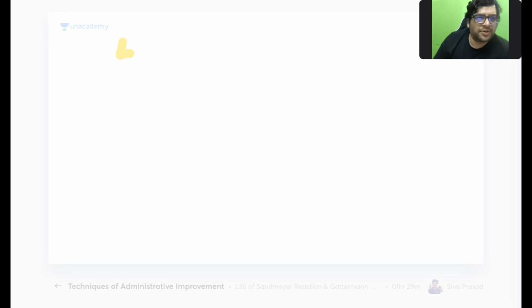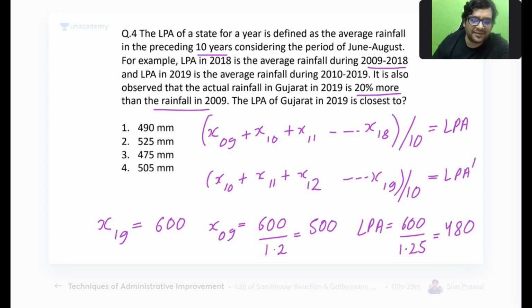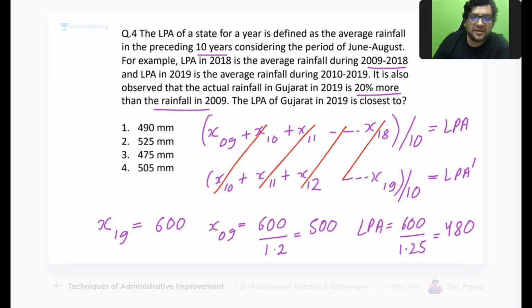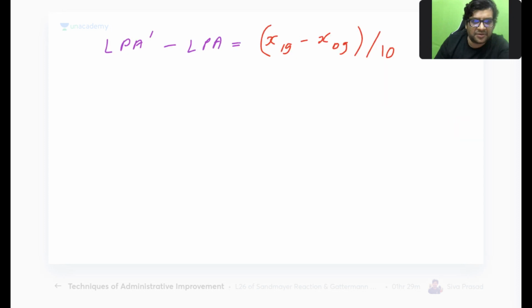Okay. See, what you are going to do is LPA dash minus LPA. And when you actually do that, you will realize X10, X10 will cancel, X11, X11 will cancel, X12, X12, X18, X18 will cancel. You will be left with X19 minus X09 by 10, which gives me the value as LPA dash, I'm trying to find out.